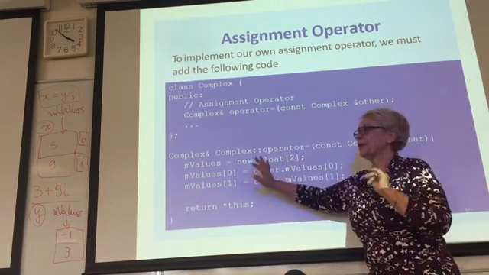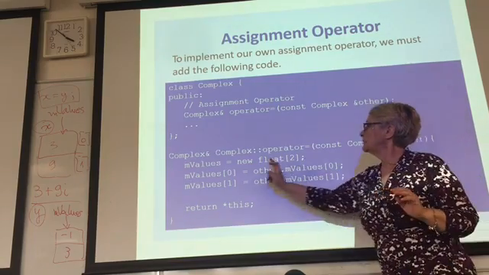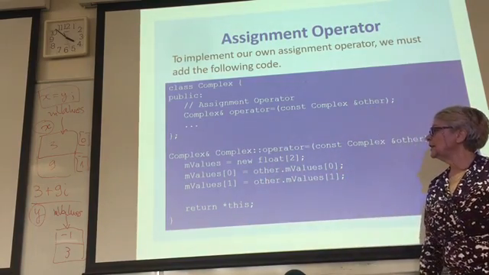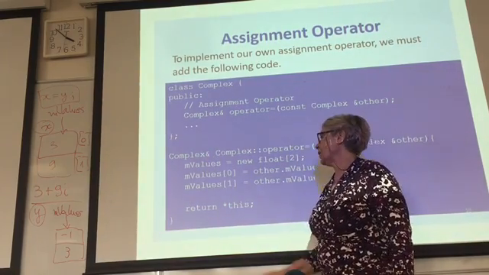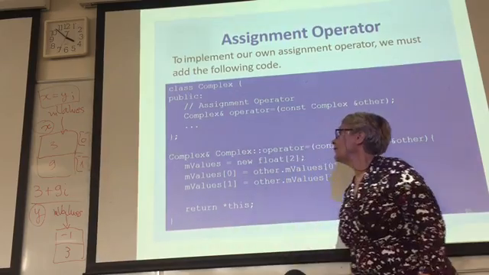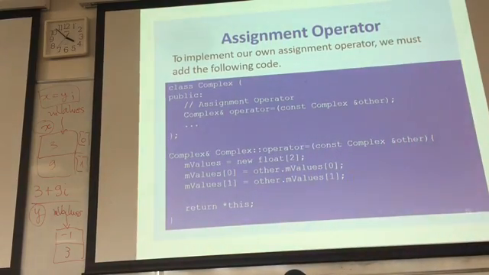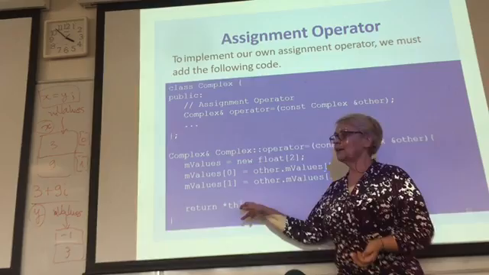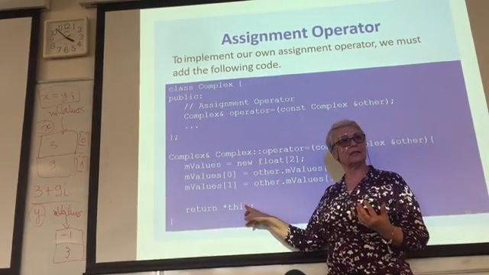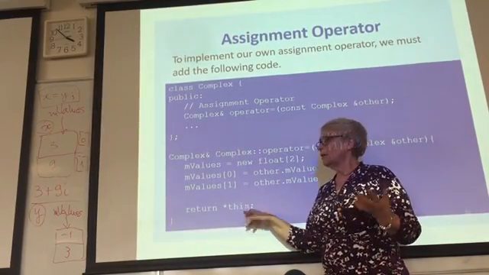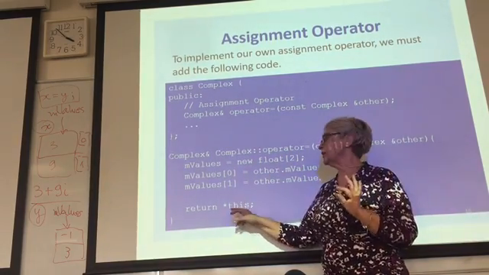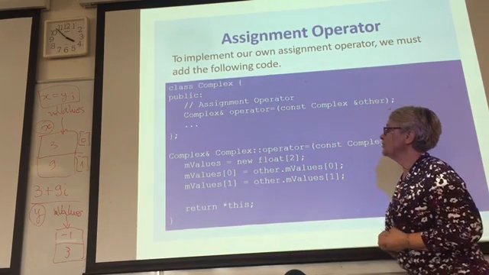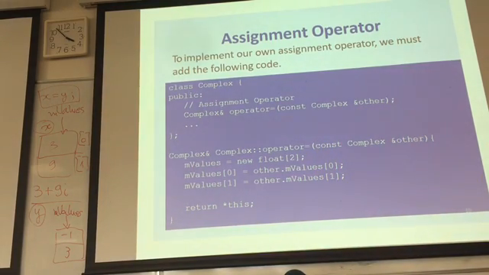So this is one thing. And then we copy value by value. This is okay. And because we return by reference, we return the value to which this points, so the memory where this current element is located, you will see. This is standard for assignment operator. Always return the dereferenced this.